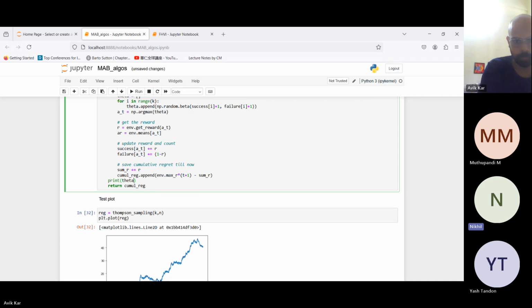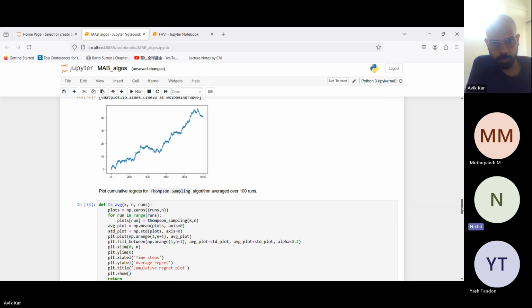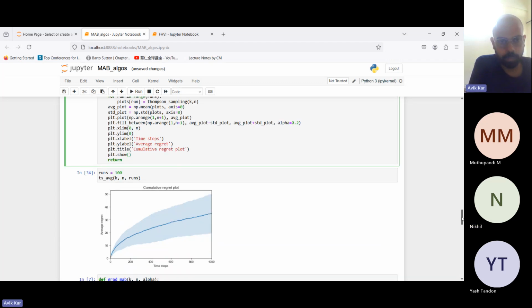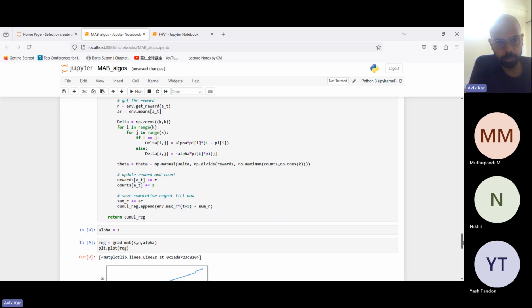Say Q star for one arm is, let's say, 51, and the Q star for the other arm is 50. They're that close, let's say. So what does this algorithm converge to in the end? It should still say, like, the degenerate distribution, where A star will take all the probability and the others will not.